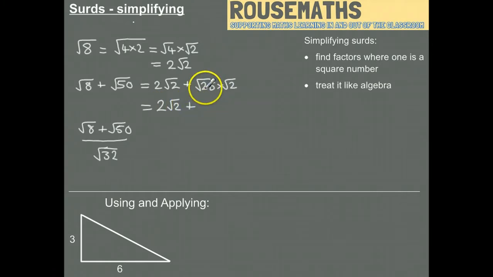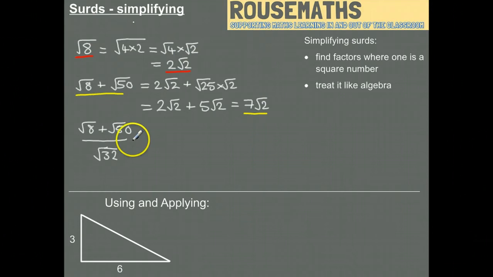And then the square root of 25 is 5. So we end up with 2 root 2 plus 5 root 2. Now you'll see over here I say treat it like algebra. So if this is 2a plus 5a, then you quite happily put 7a. And therefore we can quite happily put 7 root 2. And that's a simplified version of that, in the same way that root 8 simplified to 2 root 2.